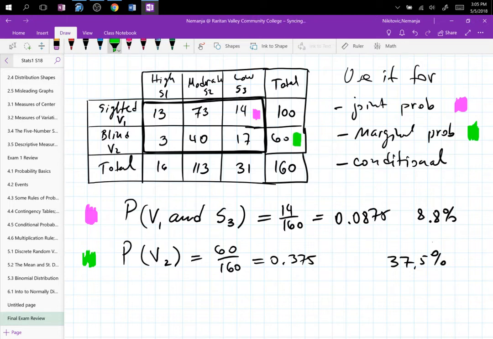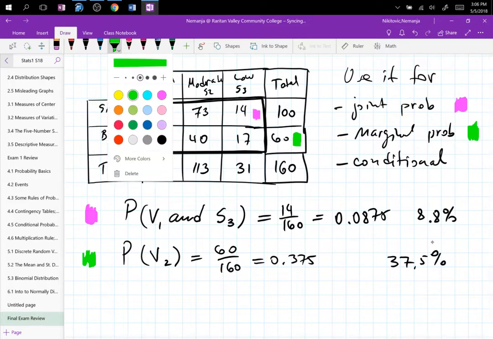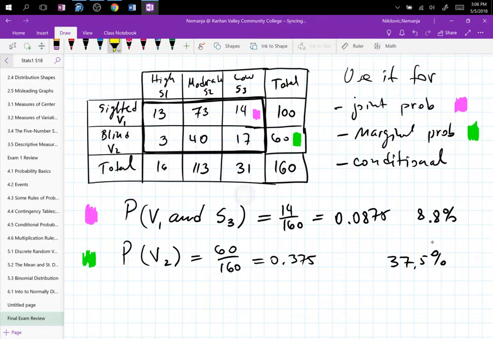And now for conditional probability, let's use yellow, I guess. For conditional probability, I am going to ask for the probability of blind given high. So V2 given S1.